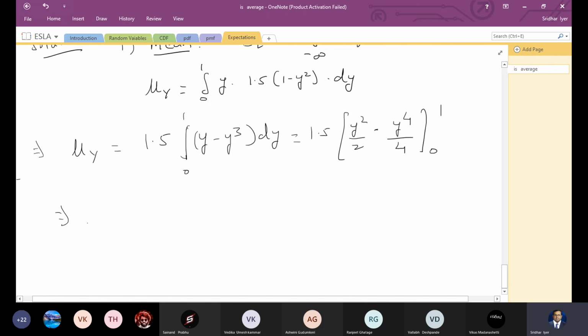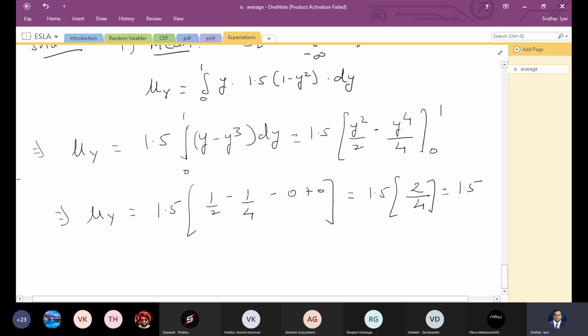So therefore mu y, let's substitute the limits. We'll have 1 by 2 minus 1 by 4 minus 0 plus 0, right? So you have 1.5 into, let me see, I think I made a mistake.